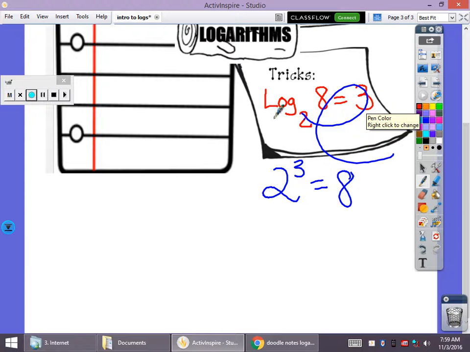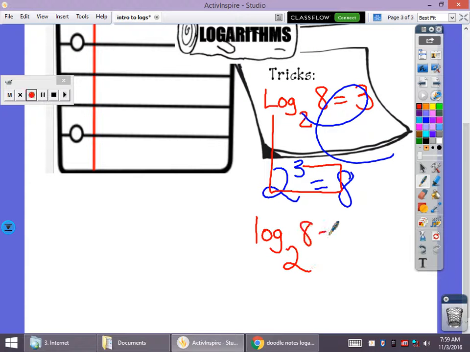So I'm going to make an L. Well, that's the L. All right. So it's the log of, what's the first number I hit? What's the next number I touch? 8 equals 3. So you have the E trick and the L trick.